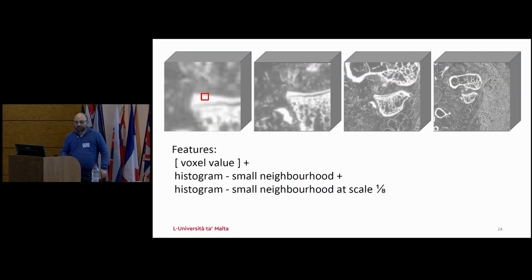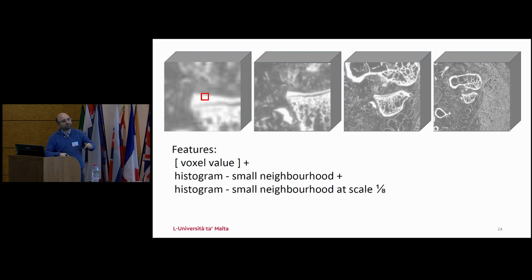Something else that we tried doing is, rather than enlarge the neighborhood, to make the volume smaller and then use a small neighborhood in that rescaled volume, because that is kind of equivalent.